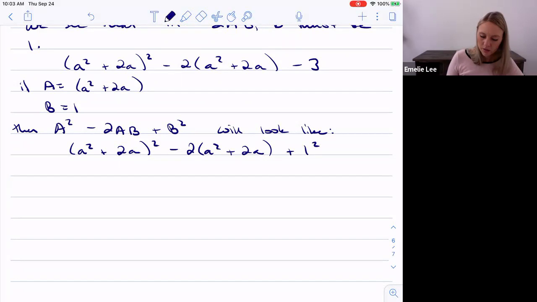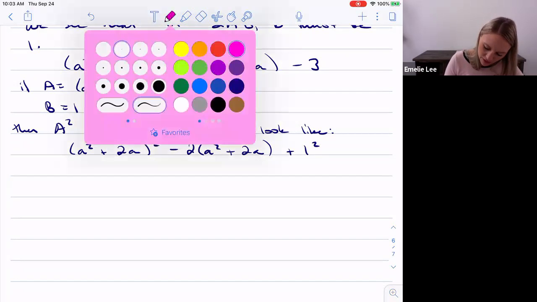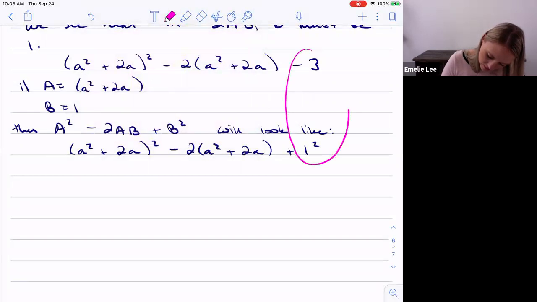So the only thing that's different here is I've got -3 when I should have +1.